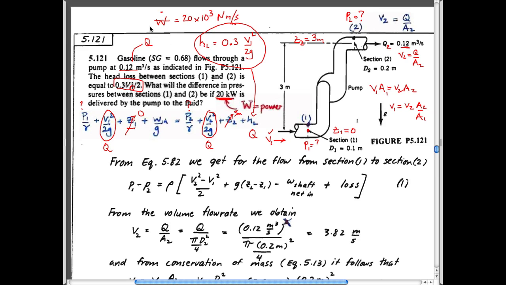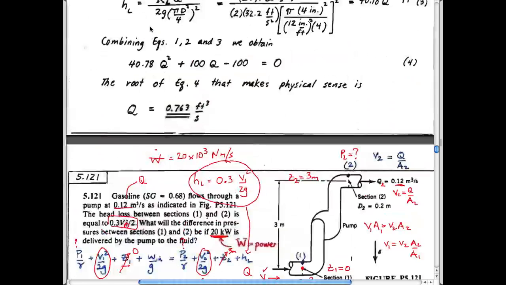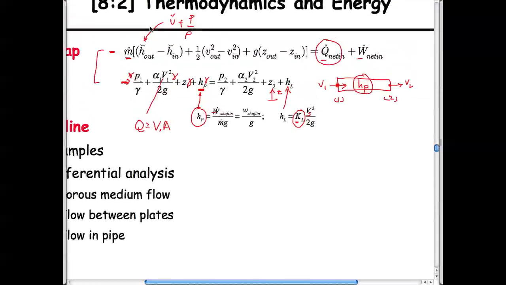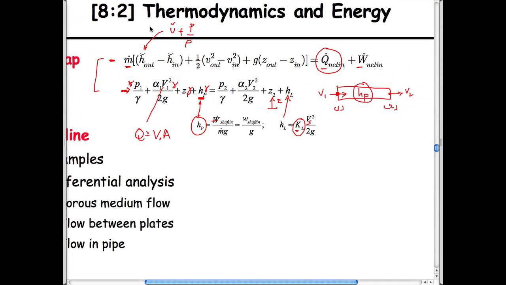And so that's big W. And in this particular case, HP is equal to this. I only draw a line through it because it's a scalar value. We've used it before for velocity, relative velocity. This is mass flow rate and G.